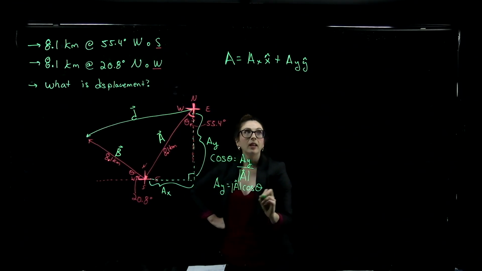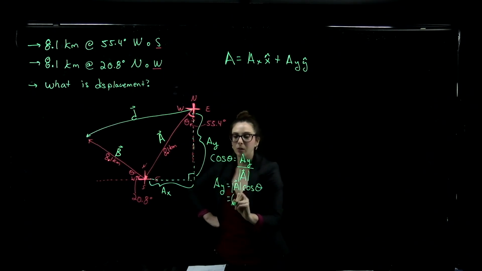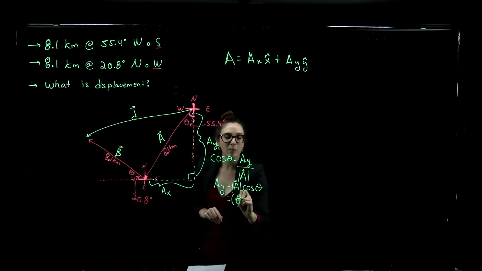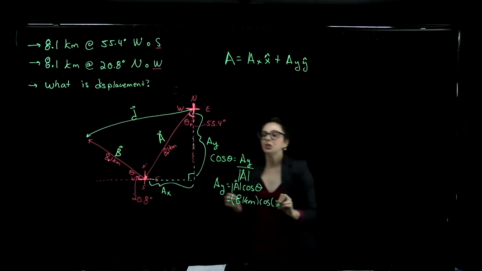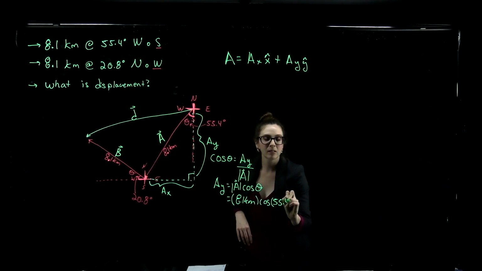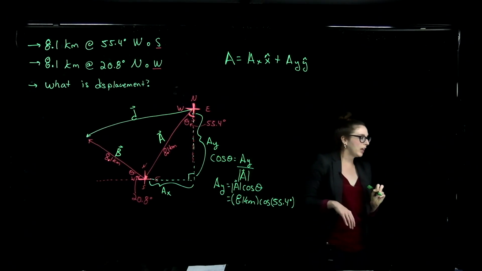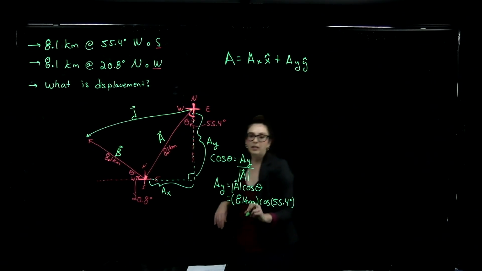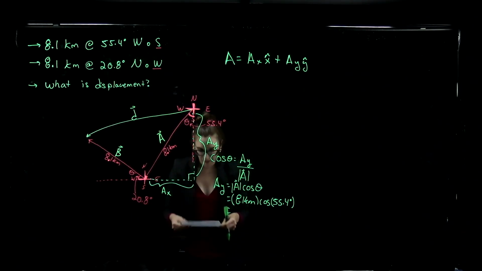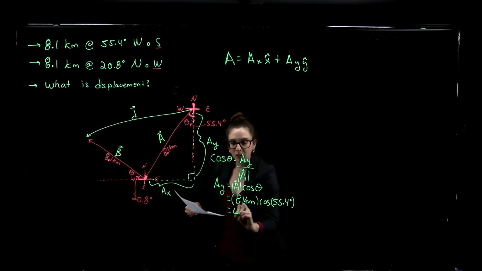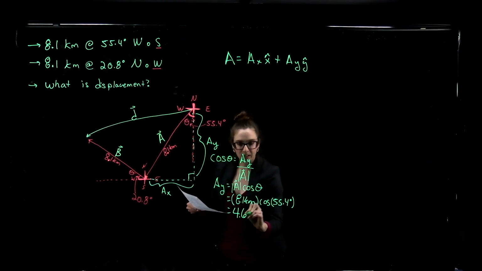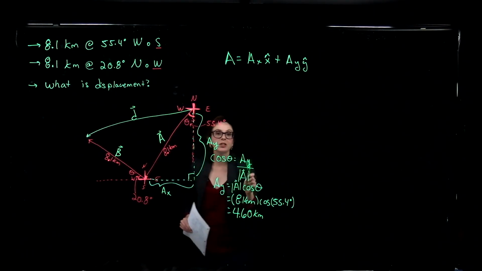That would be equal to 8.1 kilometers times cosine of 55.4 degrees. Remember, keep your calculator in degree mode. And then we find that this magnitude is 4.60 kilometers.